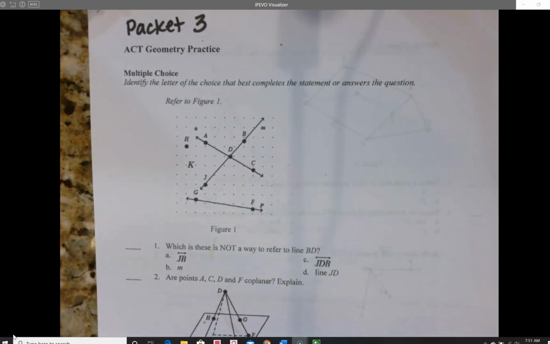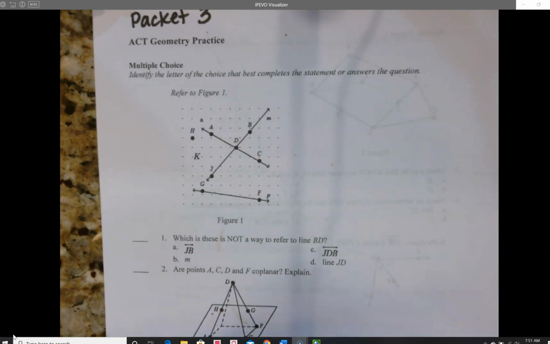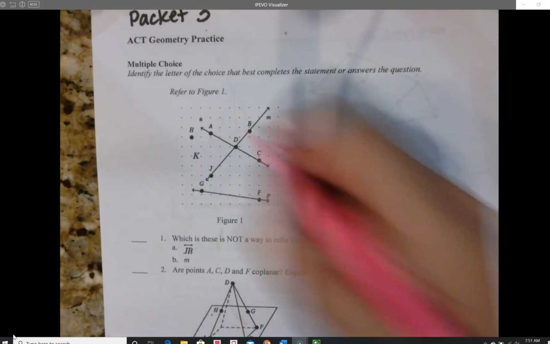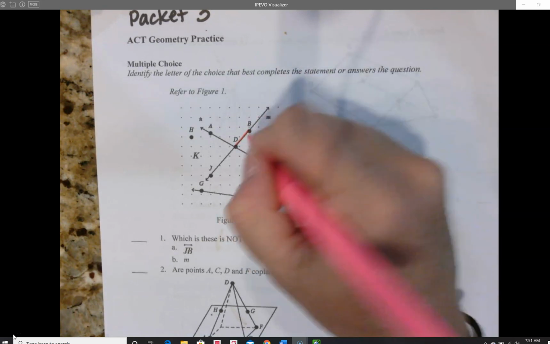So in number 1, when you're going to refer to the figure, which of these is not a way to refer to line BD? If we look at BD, that's the 2-letter name, and it refers to this whole line.